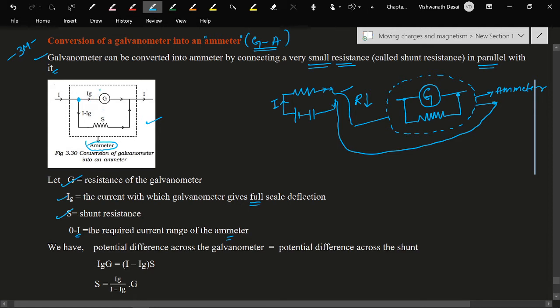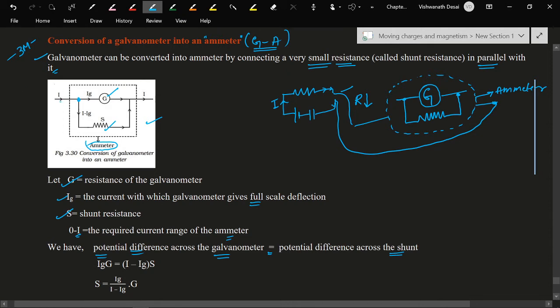But here you can see the circuit diagram. These two devices, the galvanometer resistance, or simply consider it as a resistor, and this one more resistor, are in parallel. If two resistors are in parallel, then the voltage across both of them is the same. So the potential difference across the galvanometer is the same as the potential difference across the shunt resistance.